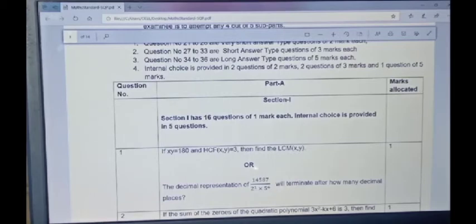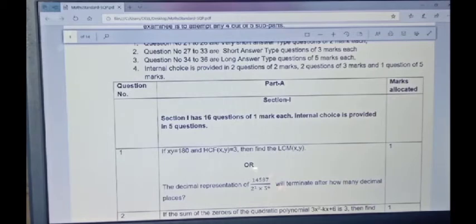The decimal representation of 14587 upon 2 to the power of 1 into 5 to the power of 4 will terminate after how many decimal places? If we divide 14587 by 2 and 5, after how many decimal places is that number going to terminate? Terminate means the number is going to end, it can't be divided afterwards. That is what we have to find here.